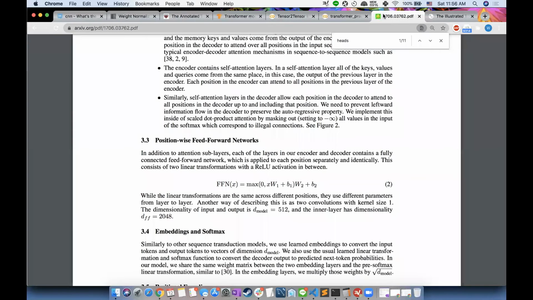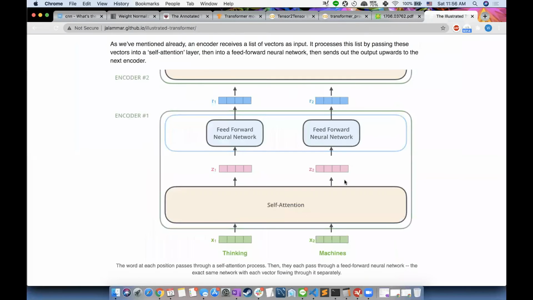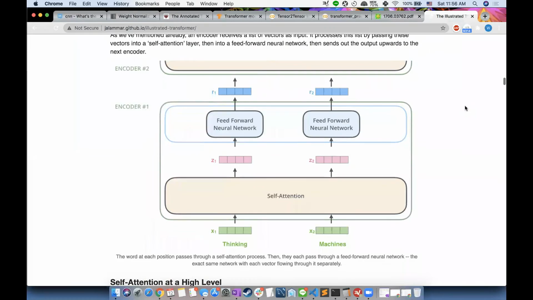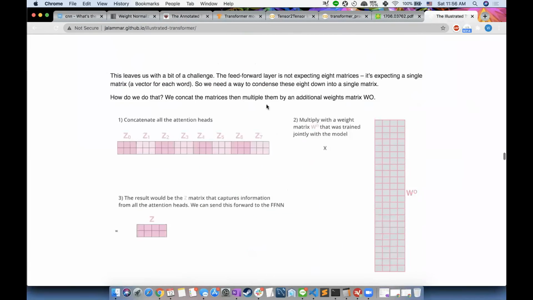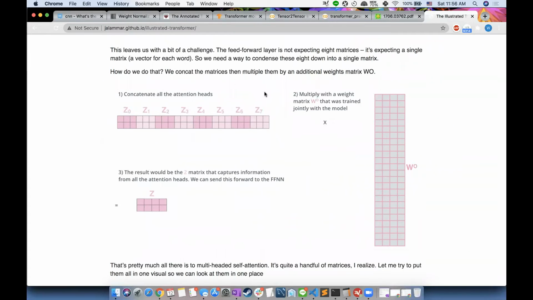Can you repeat again? You were saying it will combine the results. What do you mean combine? You'll see what happens when Cheng goes through the rest of the details of how it comes together, exactly what he has right now, Z0 to Z7, and how they're combined to go into the feed-forward network.